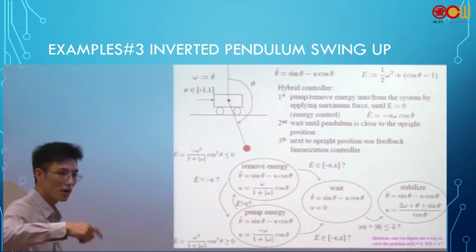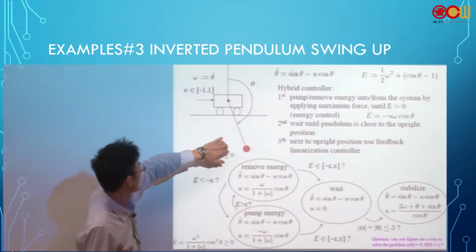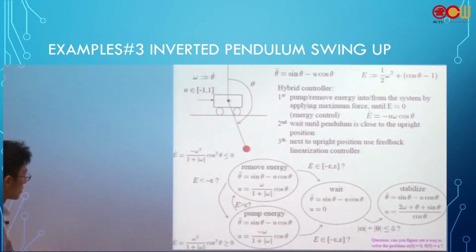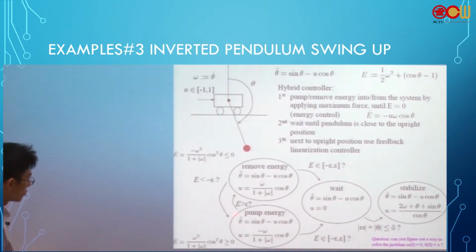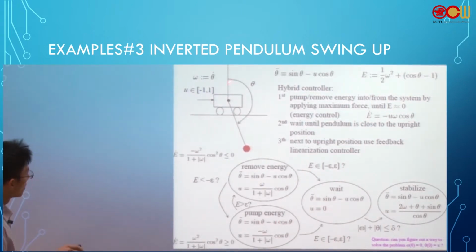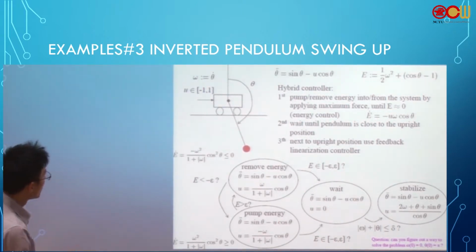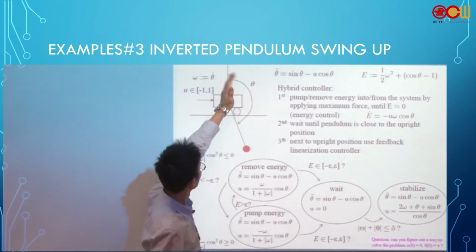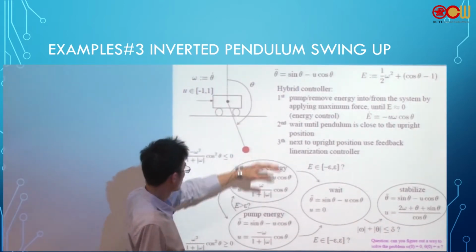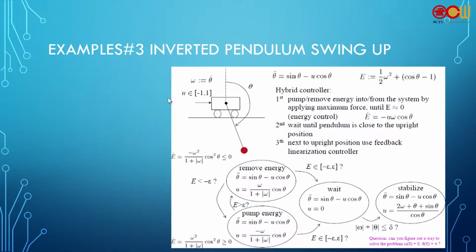Okay, you want to pump up the energy so that the pendulum can swing up to the desired position, which is right up. So you pump up the energy for the first step. Second, the pendulum might oscillate around here, so you wait. When it's close to the right position, you remove energy, so you can stabilize the pendulum to the desired position. This can describe the procedures.